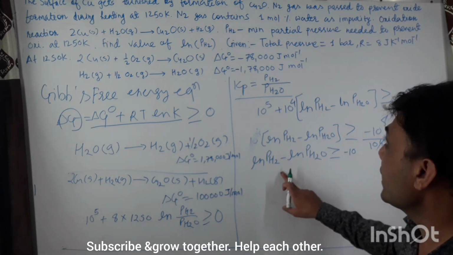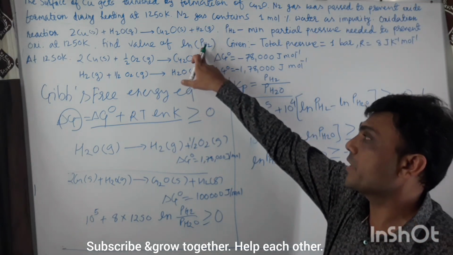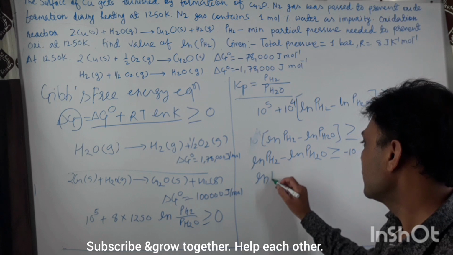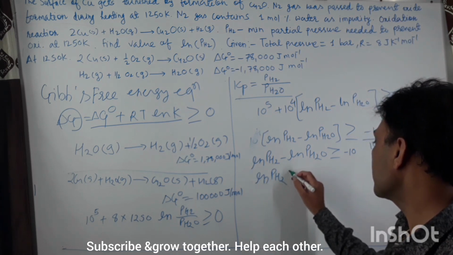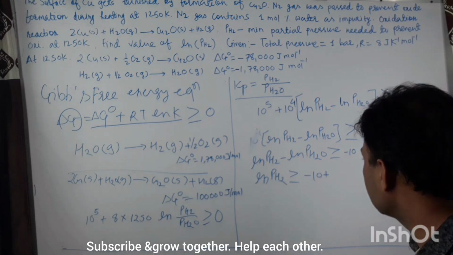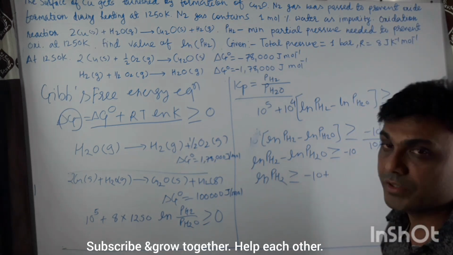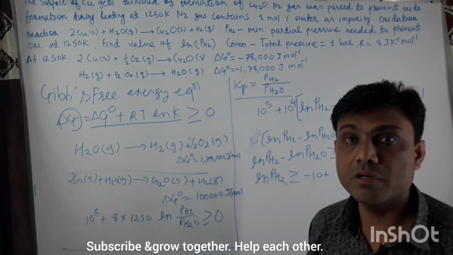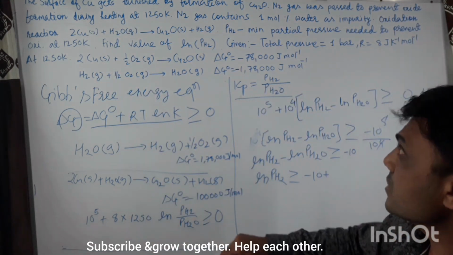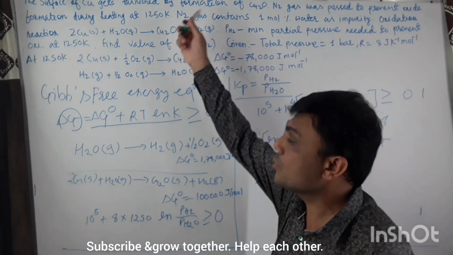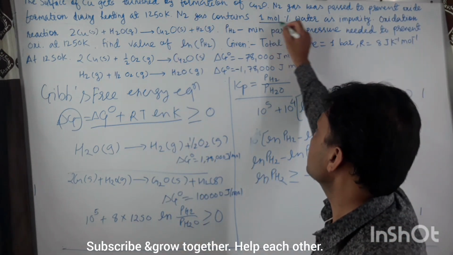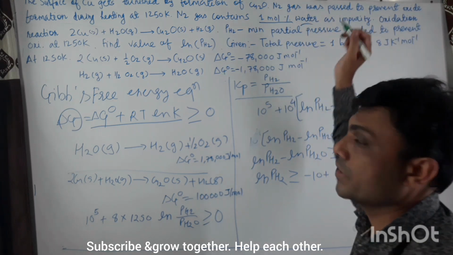We have to find ln pH2, that means ln partial pressure of hydrogen. So ln partial pressure of hydrogen greater than or equal to minus 10 plus ln partial pressure of water. What is the partial pressure of water? It is given. When we are passing the N2 gas to prevent the corrosion of copper, that contains 1 mole percentage of water.